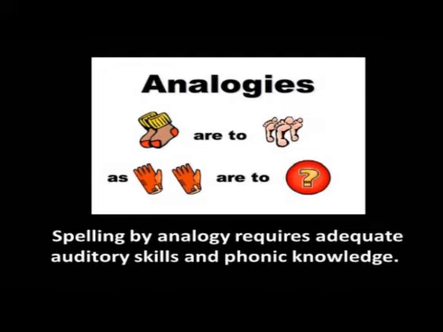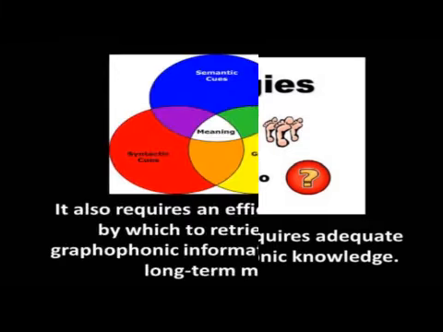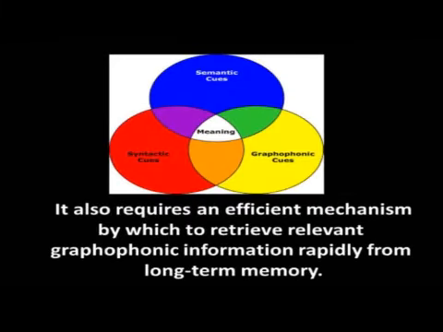Spelling an unfamiliar word by relating its sound values to another known word, spelling by analogy, requires adequate auditory skills and phonic knowledge. It also requires an efficient mechanism by which to retrieve relevant graphophonic information rapidly from long-term memory.